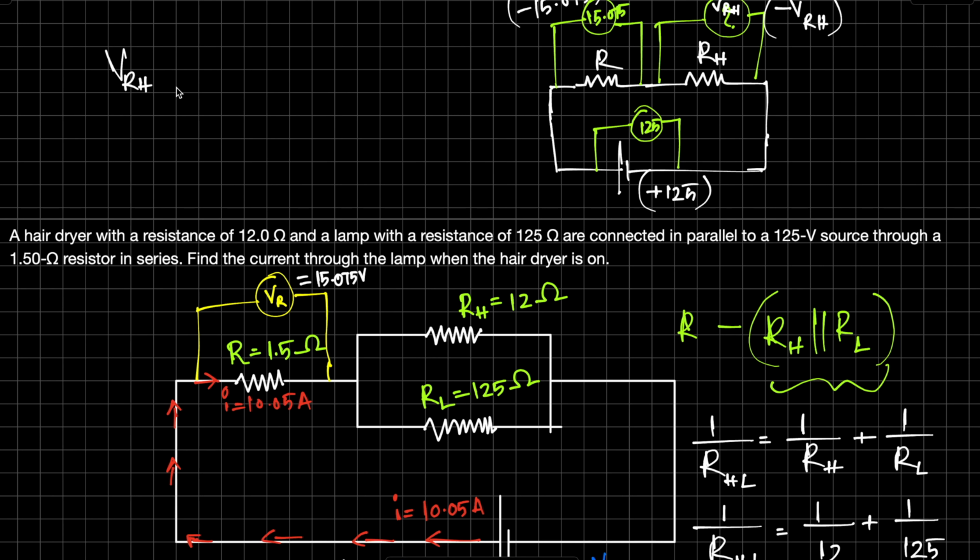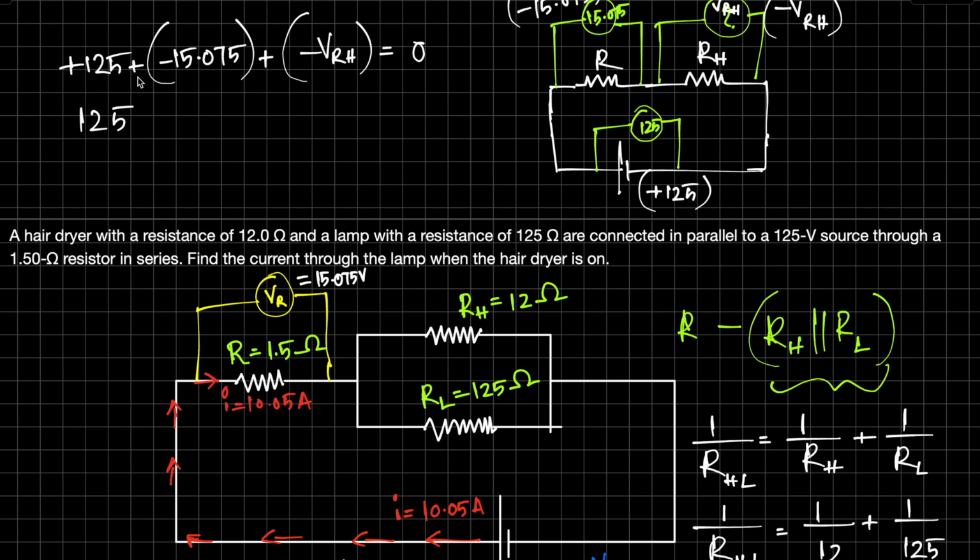So how do you find VRH now? Plus 125, minus 15.075, minus VRH is equal to 0.